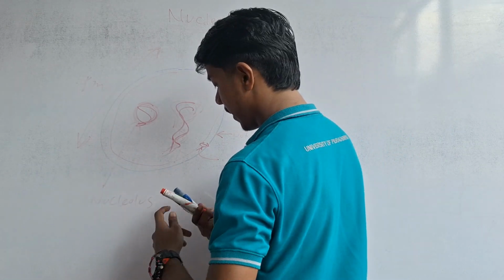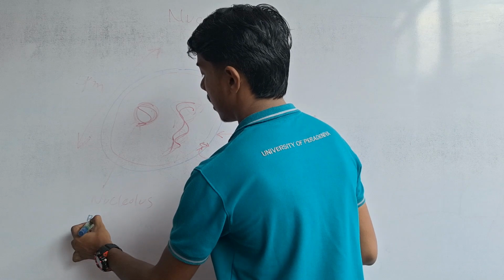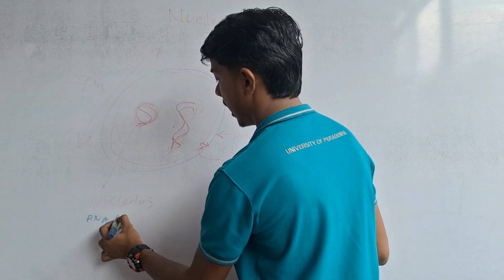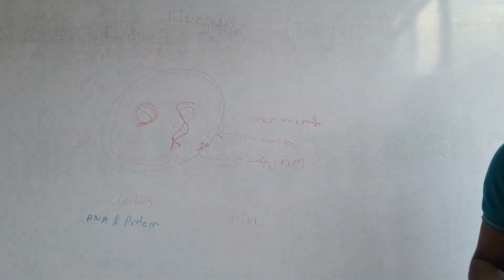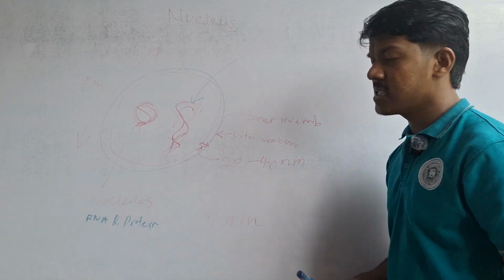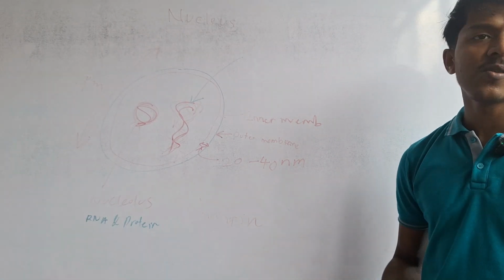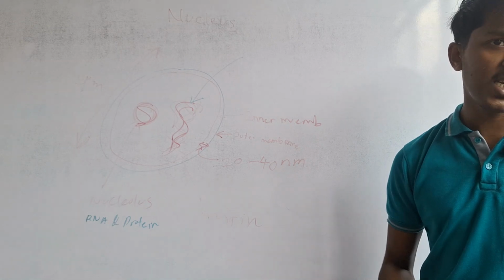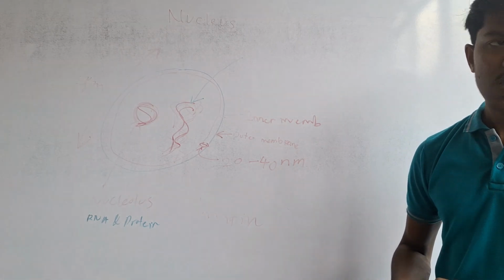The nucleolus is mainly made up of RNA and protein. Chromatin is made up of DNA. What is the meaning of chromatin? A group of DNA molecules.